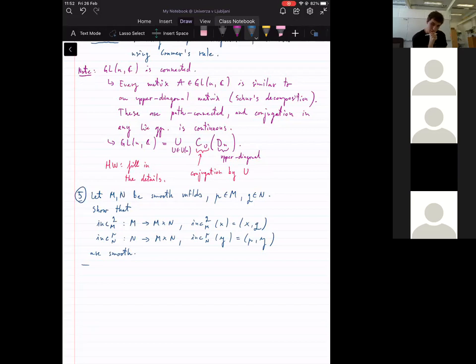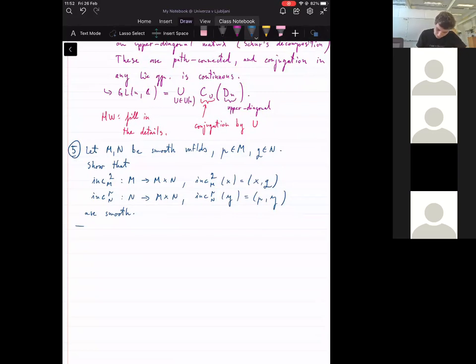Should we do this in charts, maybe? Should we try to utilize the whole abstract machinery that we have in the context of smooth manifolds to show that these two maps are smooth? I mean, that's by using definitions, right? So that's a good exercise in using the definitions.